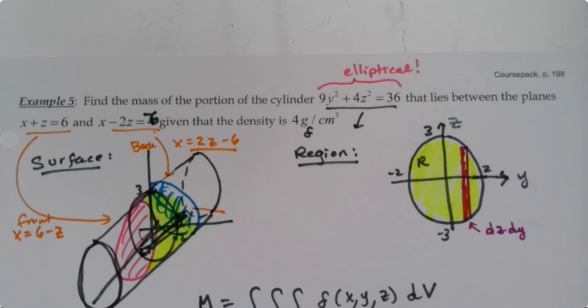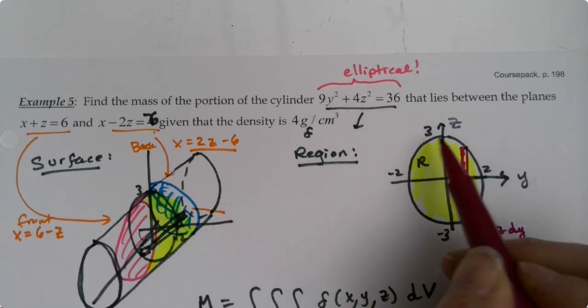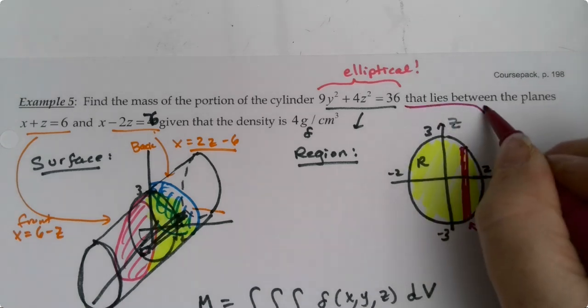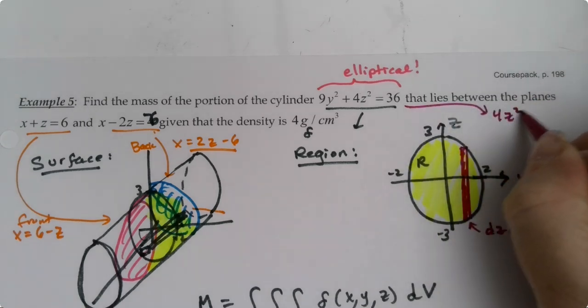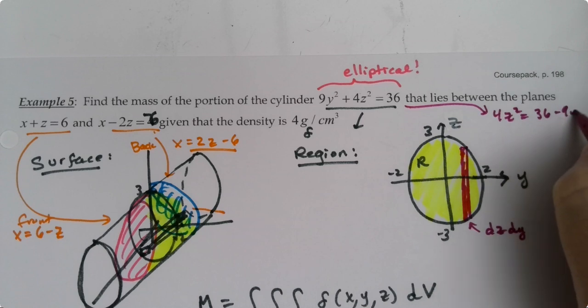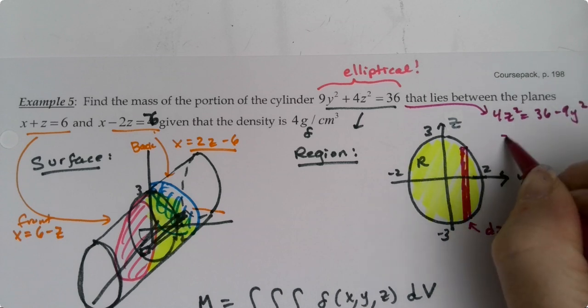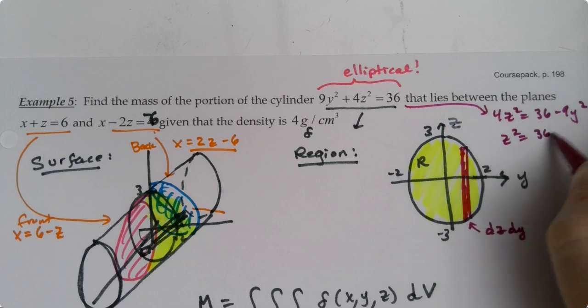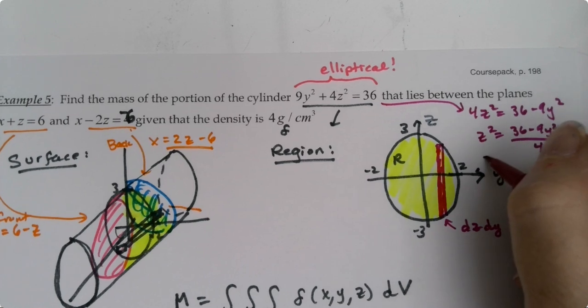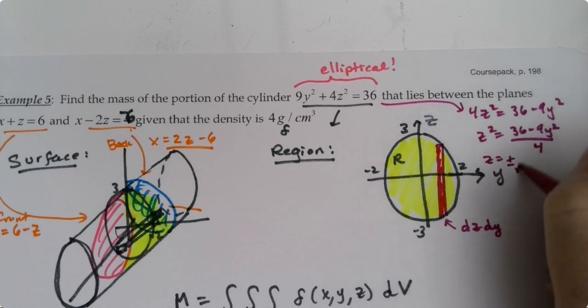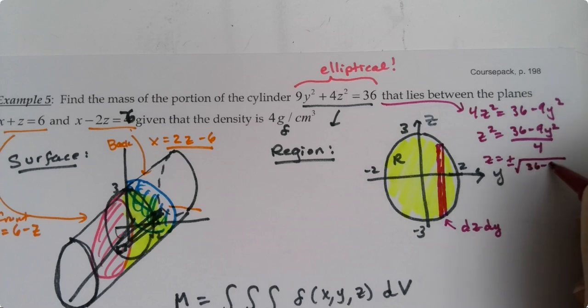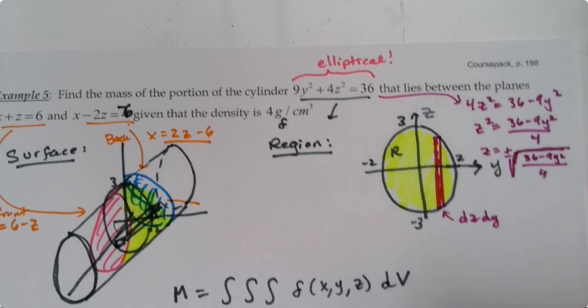So we are going to have to solve this equation for z. So let's solve it for z. 4z squared equals 36 take away 9y squared. So z squared is 36 take away 9y squared over 4. So z is plus or minus the square root of 36 minus 9y squared over 4. And that square root goes all the way to the bottom.